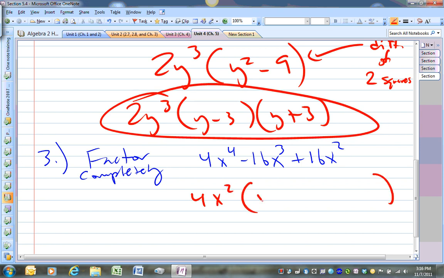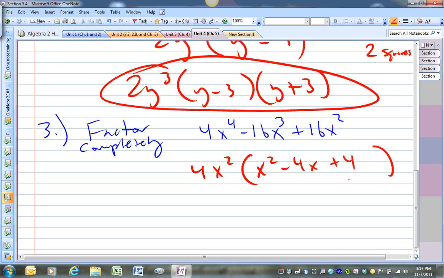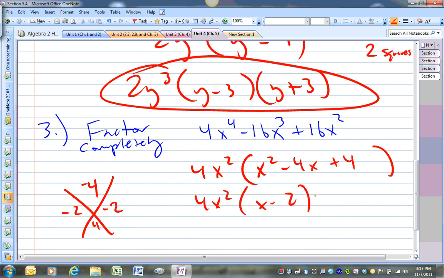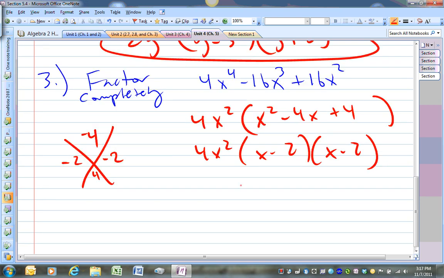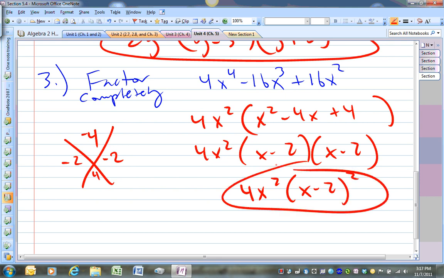And I'm stuck with this. But am I done? No. Do the diamond. You have negative 4 up top, 4 down below. Breaks apart as negative 2, negative 2. So we're actually going to have 2 binomials that are identical, so we could probably express our answer more compactly, like this. So that's number 3.